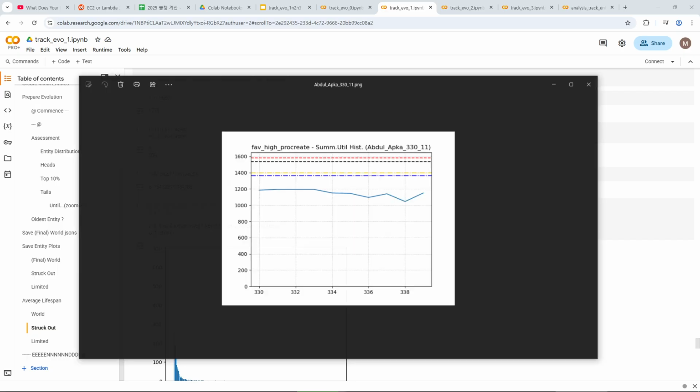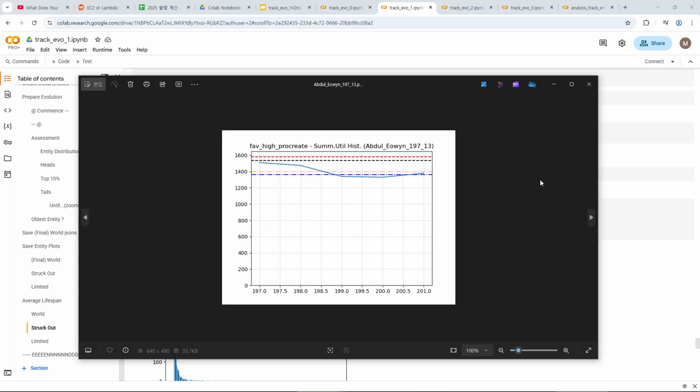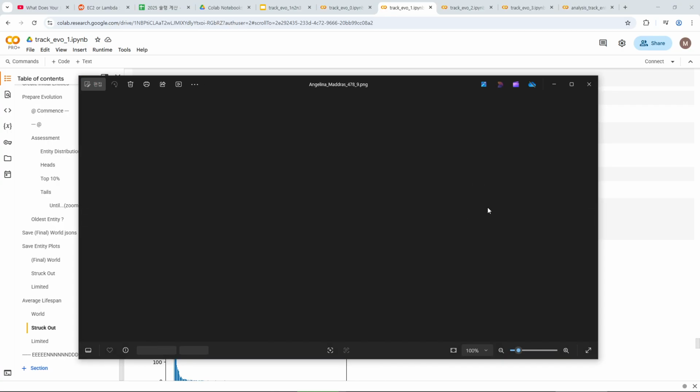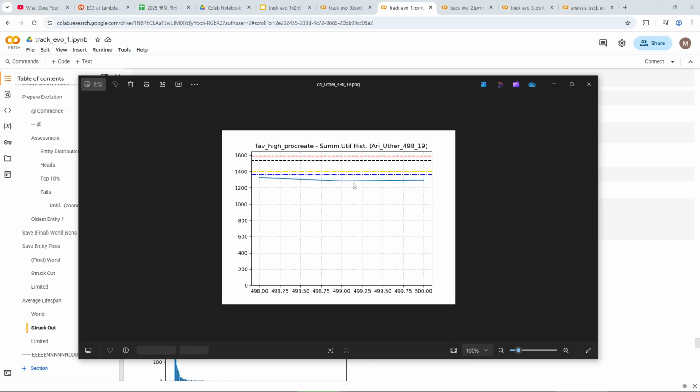However, in this case, these are the entities that were struck out because they went over the threshold, and most of the entities show a general downward slope, such as these plots, and none of the slopes ever go up.